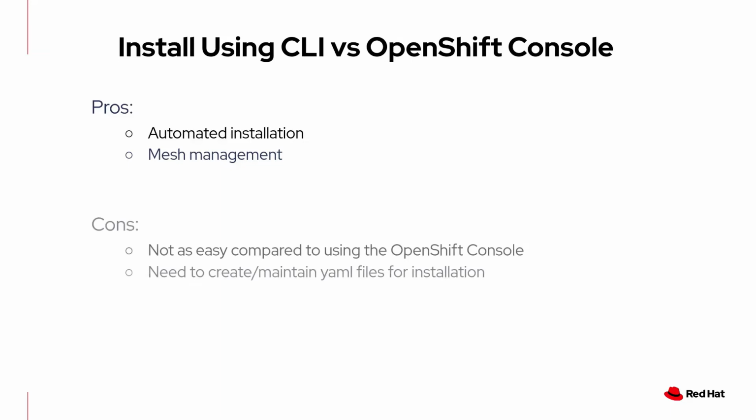The cons regarding this approach is that it's not as easy compared to using the OpenShift console. For example, you have to create your YAML files to subscribe to particular operators, and also you have to create the control plane as well as the Service Mesh member role.